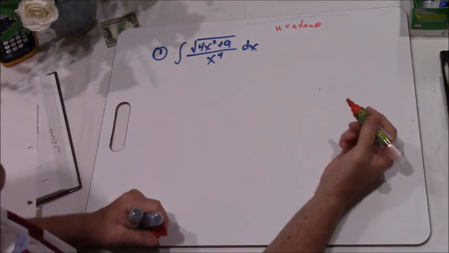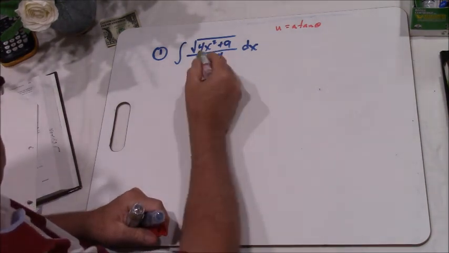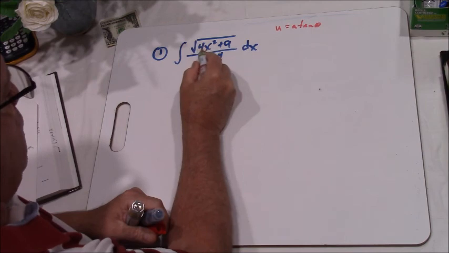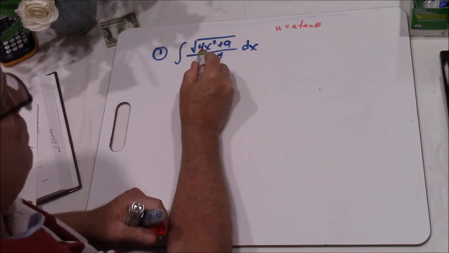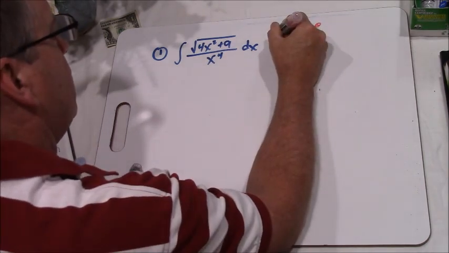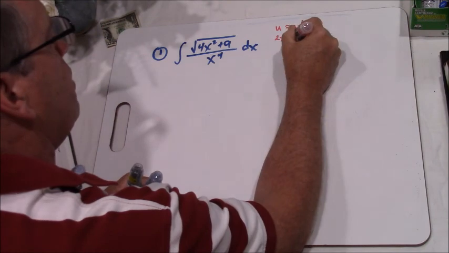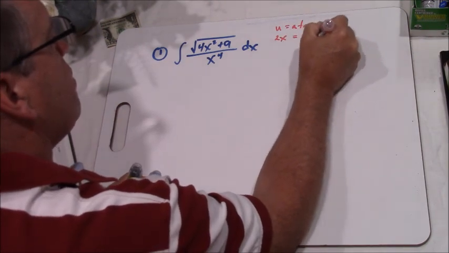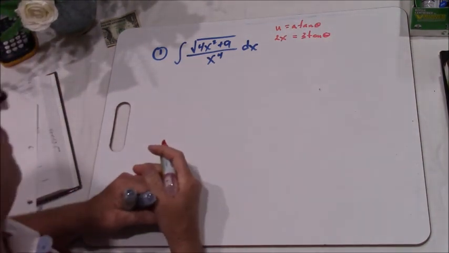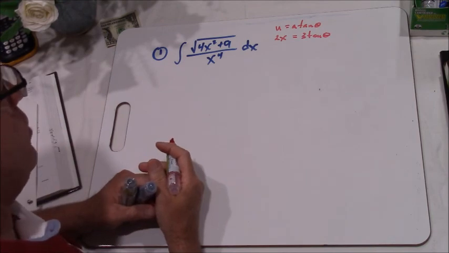And so again, just establishing what u and a are, you got to say, well, what's being squared here? That's 2x squared. And so my u value is 2x. My a value would be 3. And so there's what I want to use for my trig substitution.